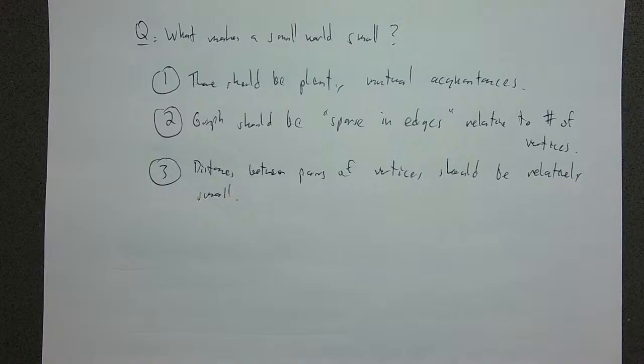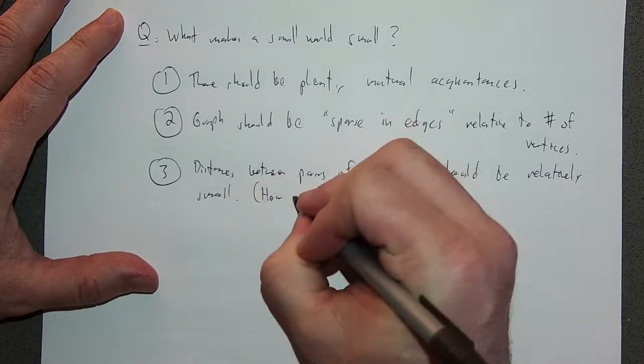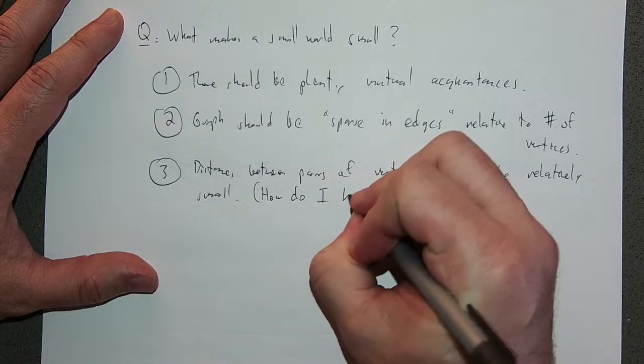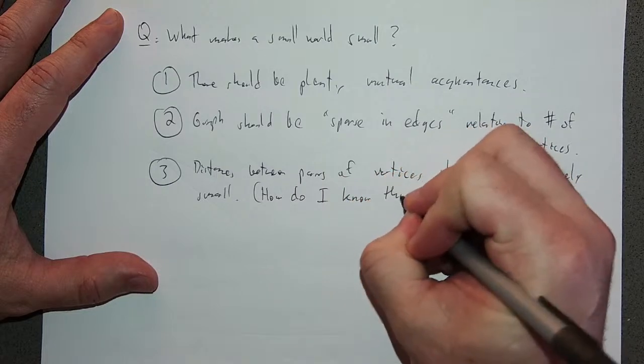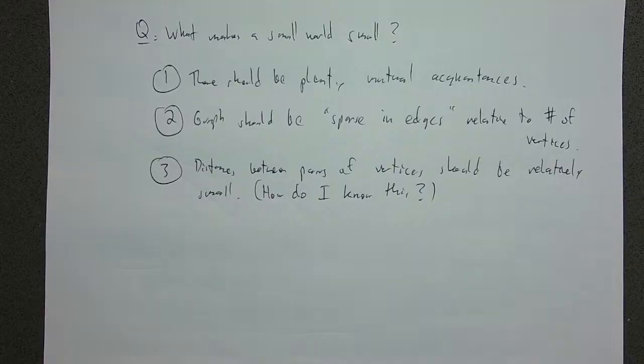So how do I know this? Here's an aside. How do I know this? For this, it is useful to discuss an object or a quantity that is well suited for exactly this.